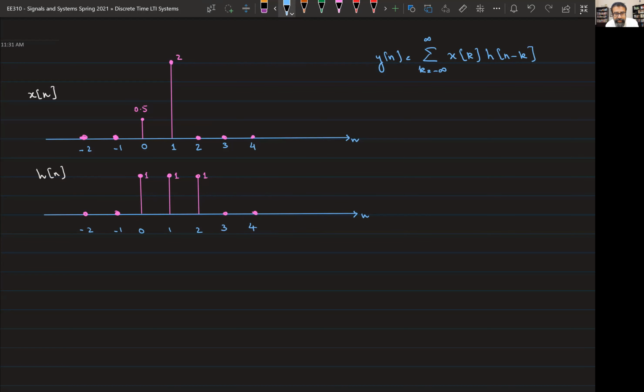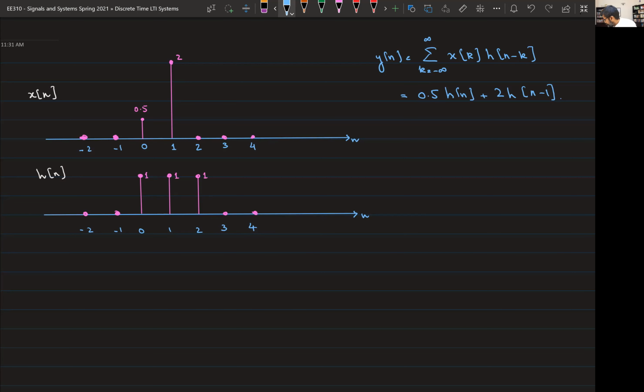And then I see x of k is non-zero only for k equals 0 and for k equals 1. So this is 0.5 times h of n plus 2 times h of n minus 1. Right, and that's my output.